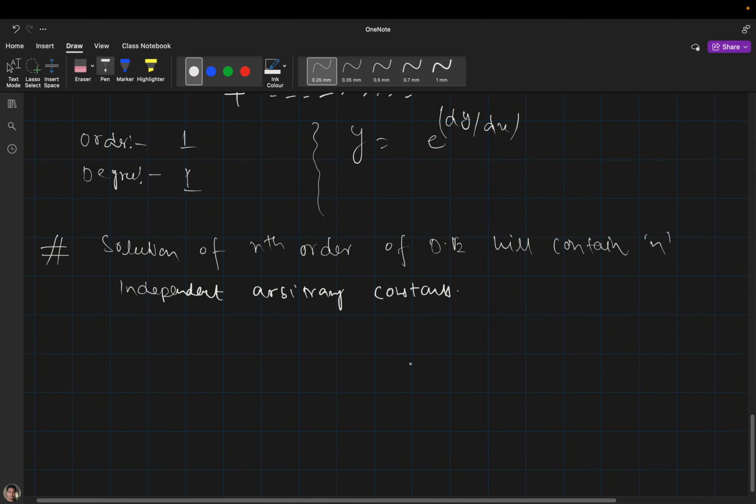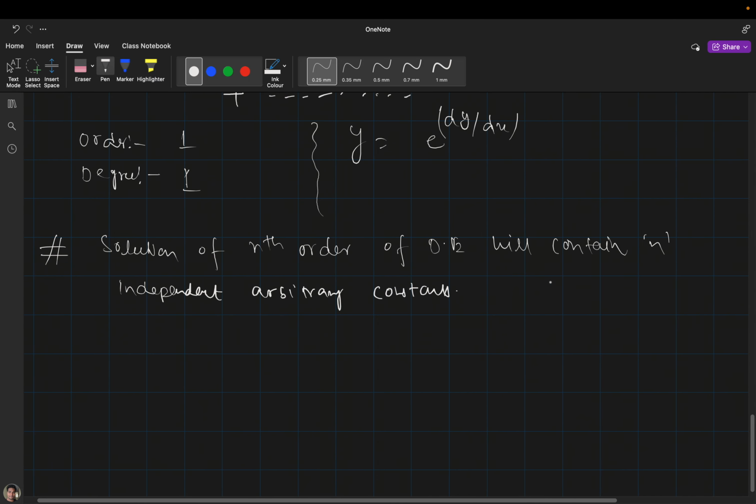Which means that whenever you see there are n independent arbitrary constants, then it is sure that that differential equation is actually nth order.